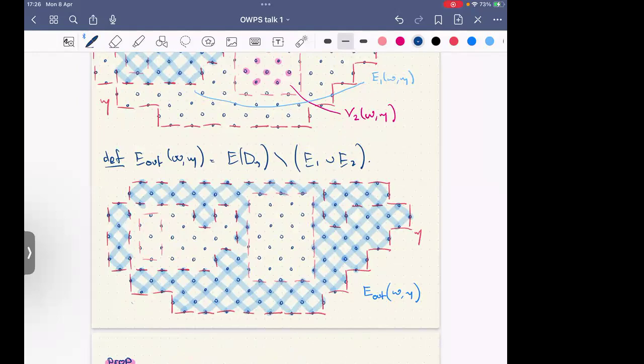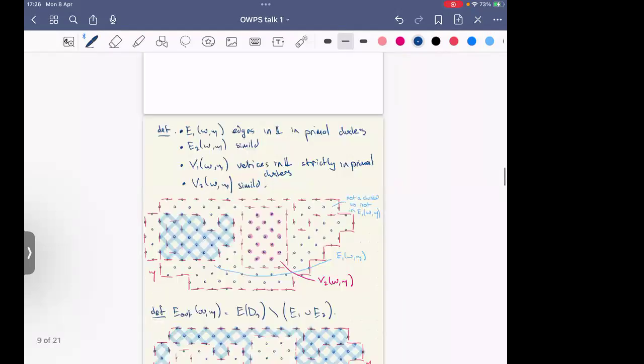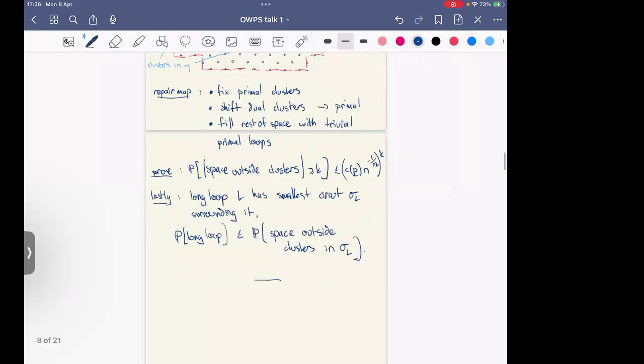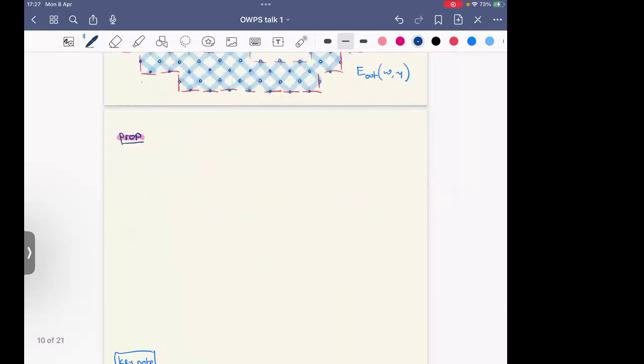So now I can define my key proposition, which is this second step here. The space outside the cluster is being enlarged, and we want that to be small. So the probability, here I'm going to drop my notation from before, I'm just going to write P, but it's the same as we had before.